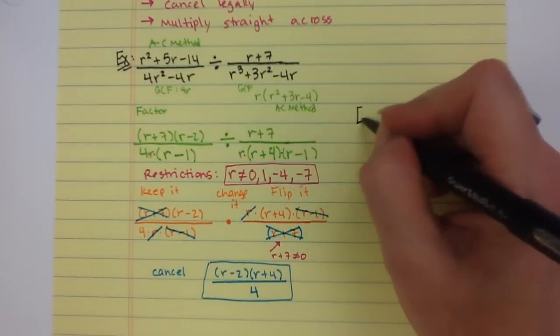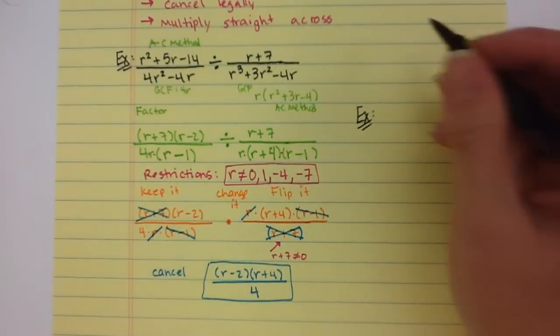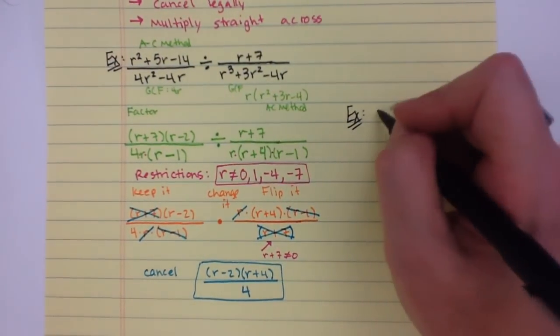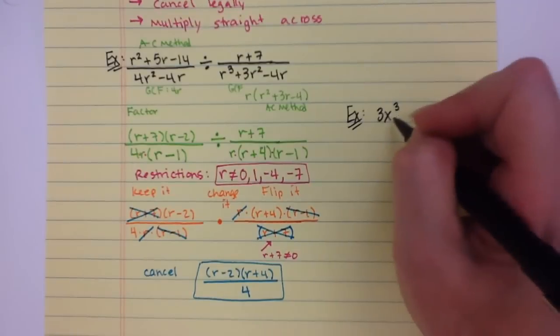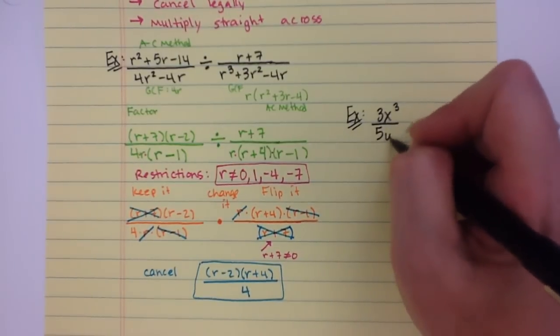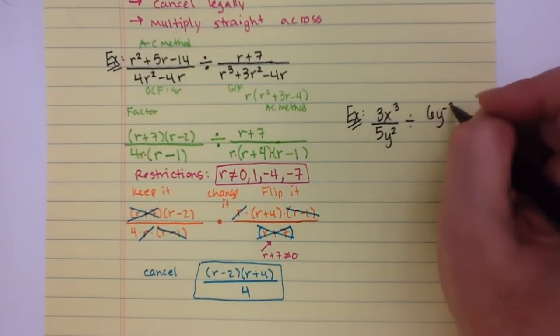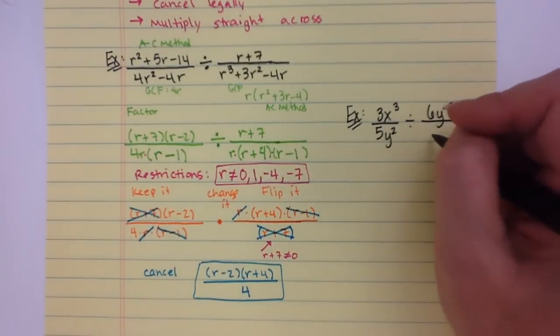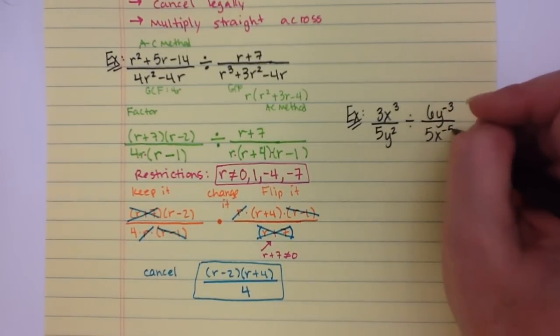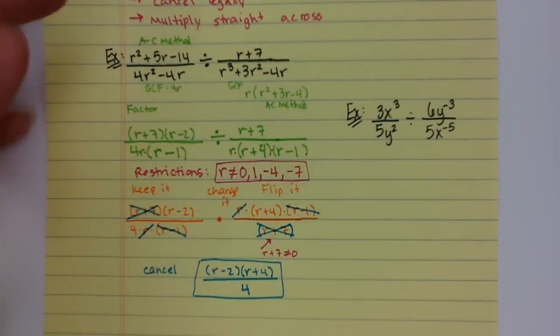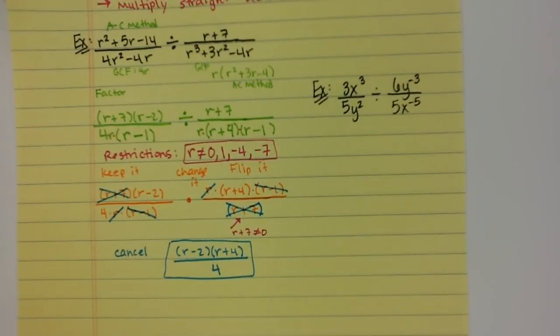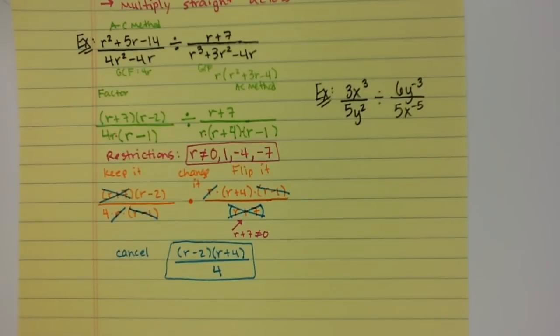Okay, let's do one like we did on the multiplication side that just has variables and coefficients and negative exponents. Don't forget those guys. So 3x cubed over 5y squared divided by 6y to the negative 3 over 5x to the negative 5.